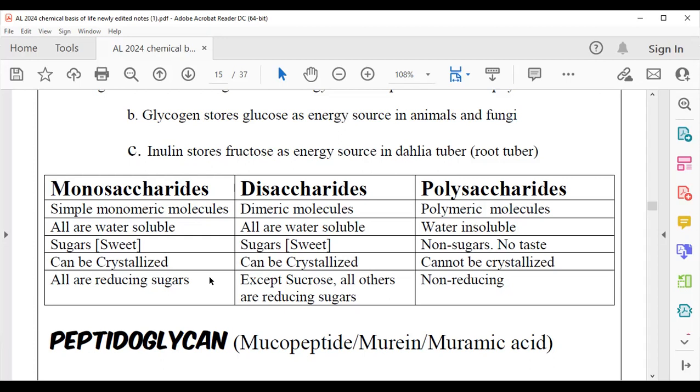For example, cellulose cannot be digested within the human body, but certain fungi secrete cellulase enzyme and digest it.